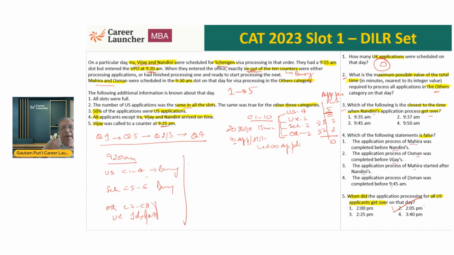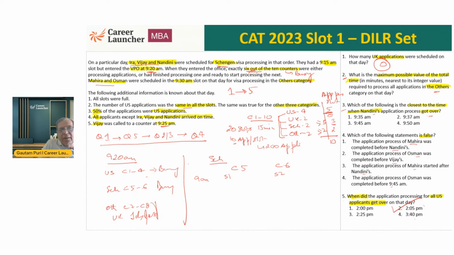Okay, now let's look at the Schengen story. If you look at Schengen, 2 counters. Let's say counter 5 and counter 6. At 9 a.m., how many applications would have come? Schengen has 3 applications per slot.